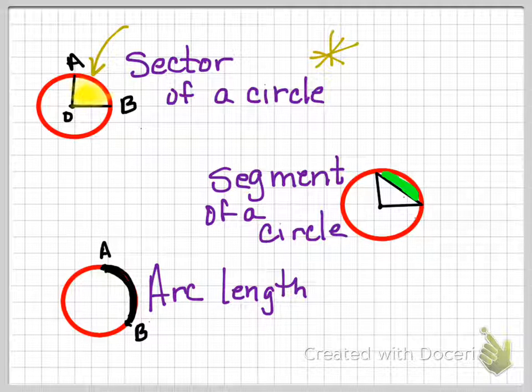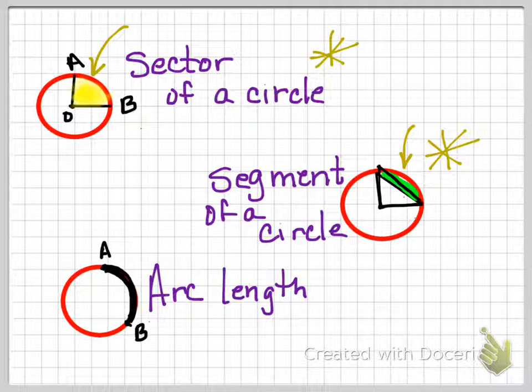The next piece that we're going to talk about, and this one you may not have heard of, is a segment of a circle. It looks like we've got the sector right here, this little pie-shaped wedge.